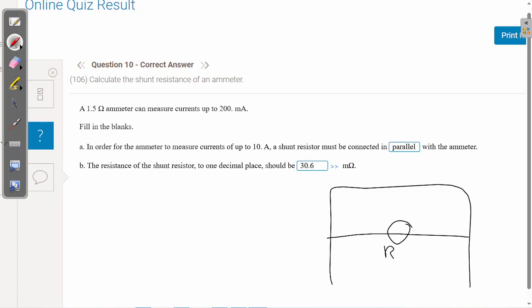Yeah, this will be the shunt resistance. There will be a current going in, I. It will be split into two currents. This current will be I minus I full scale, and this one will be called I full scale. And there's a resistance here, I forgot what it's called, but it's R_C, okay?